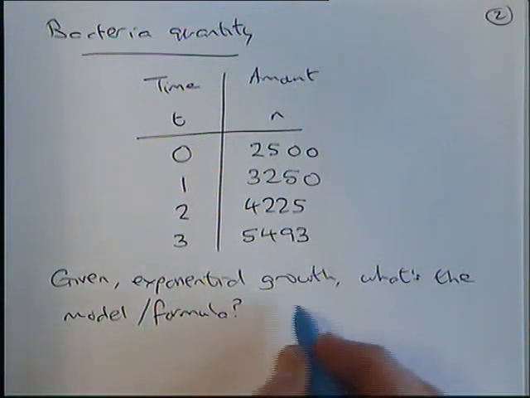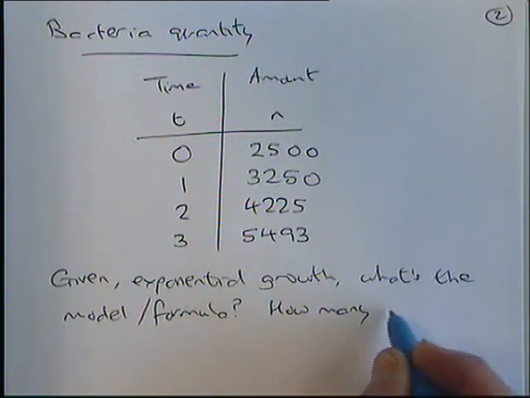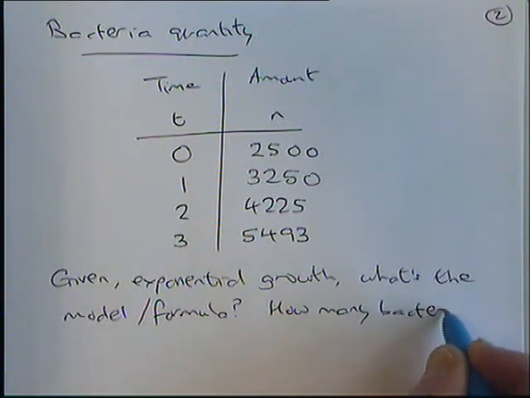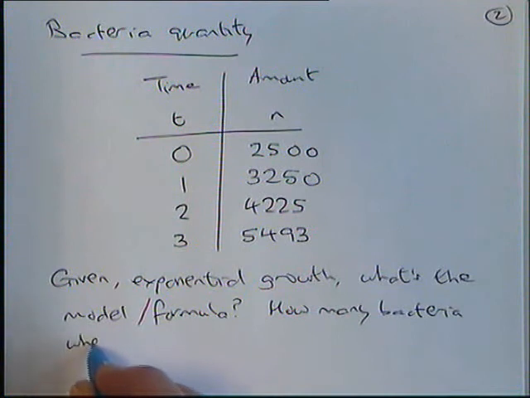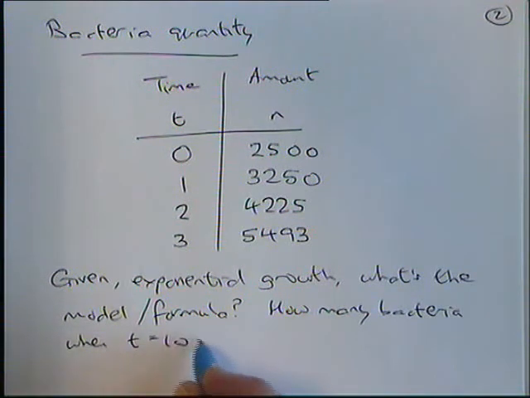And I also want to know how many bacteria there will be in the 10th time period. So how many bacteria when time equals 10. So that's sort of the question.